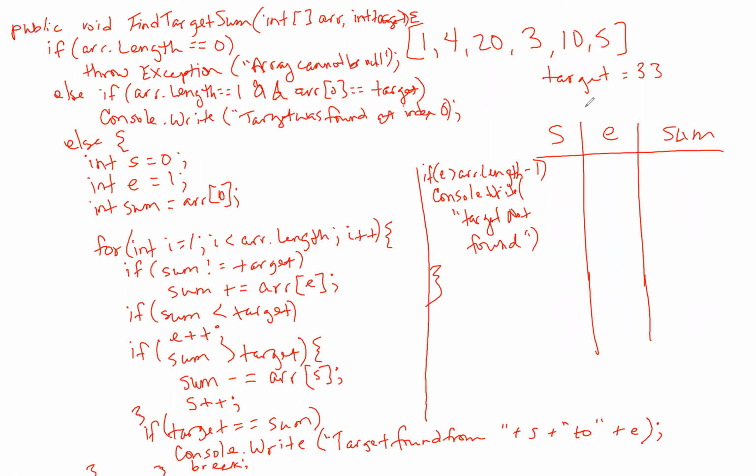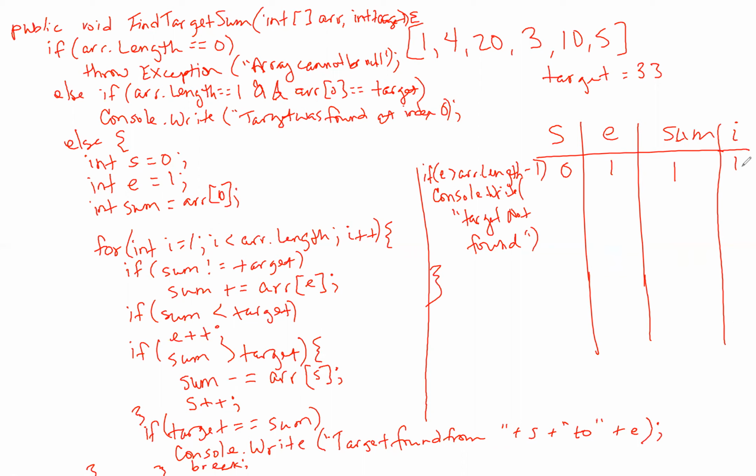Otherwise, we're going to go into our other else condition and get this thing solved. So S equals 0, E equals 1, and sum is array at 0, which is 1. And I guess we should keep track of I as well. We'll just tack it on the end here, which isn't ideal, but I'm out of room. I starts at 1.